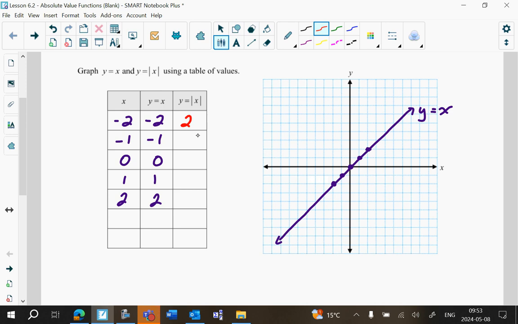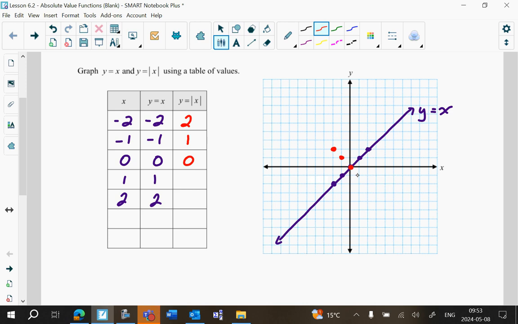So on the absolute value graph, it's negative 2, comma, positive 2. If x is negative 1, the absolute value of negative 1 is 1, so that's negative 1, 1. If x is 0, the absolute value of 0 is still 0. That's the same point as on y equals x.